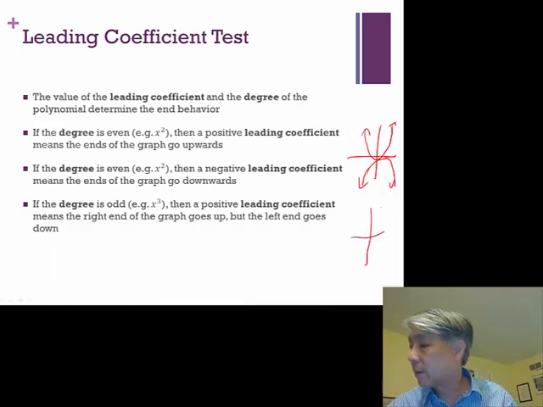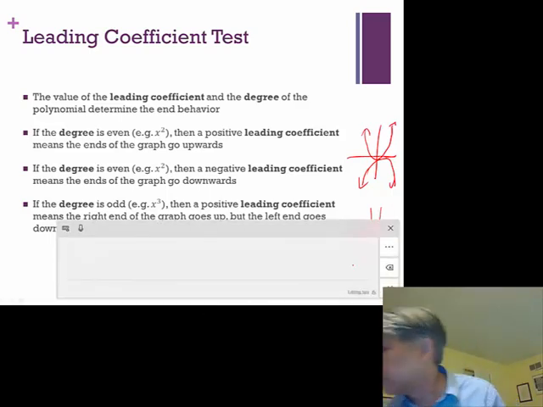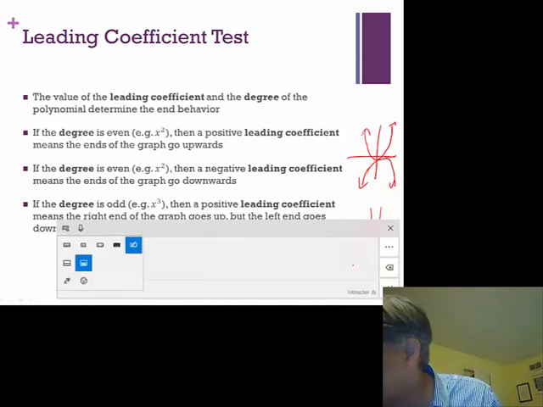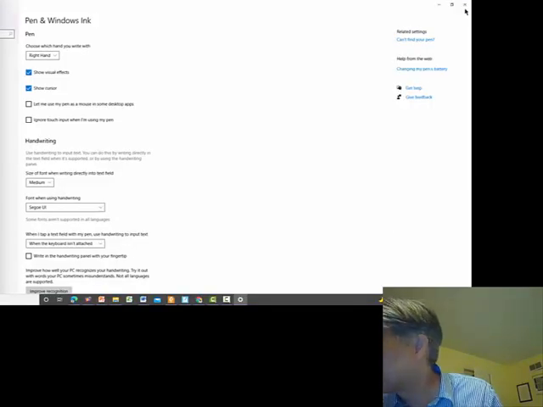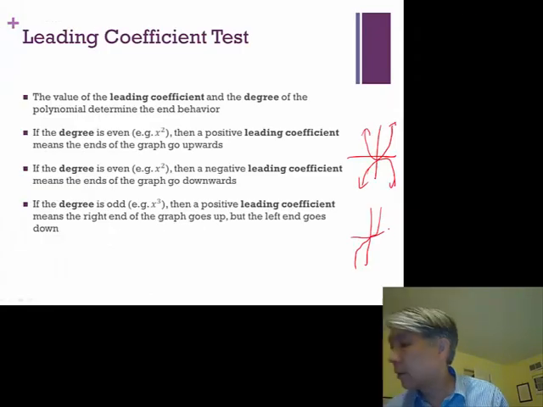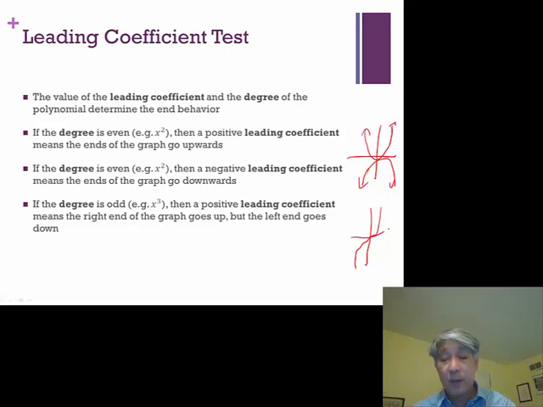So this is a graph of x cubed. As you can see, on the right-hand side it goes up, and on the left-hand side it goes down.